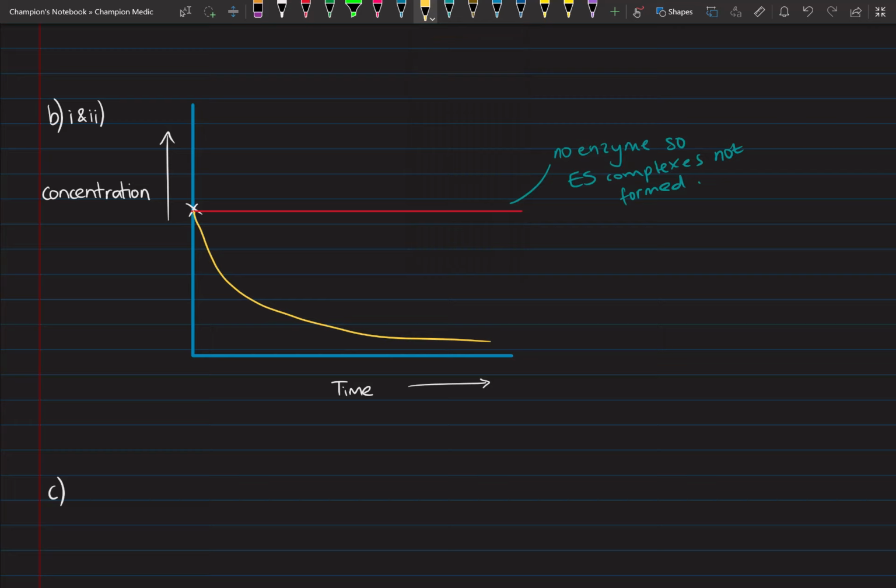And the reason why is because initially you're going to have a lot of active sites available for the substrates to bind to, but after that all the active sites are going to get occupied, which results in a slower rate of reaction, which is why you see the curve not decreasing as rapidly afterwards.